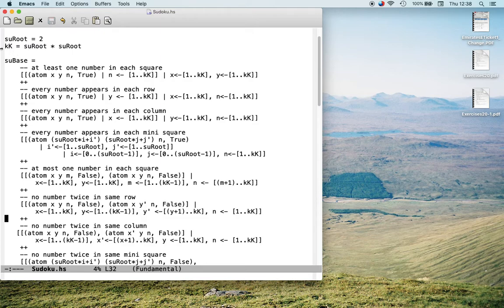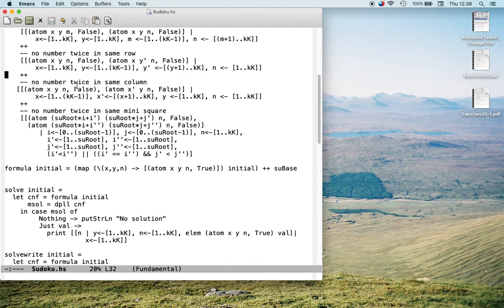As I said, in the case that k is 4, a 4x4 Sudoku problem, the Sudoku base is going to have 448 clauses. In the case of a 9 times 9 problem, we have 11,988 clauses in the Sudoku base. And if we go up to a 16 by 16 problem, it would be many, many more, but we're not going to consider that.